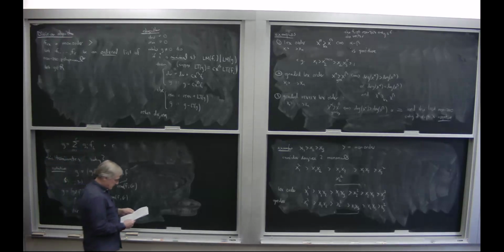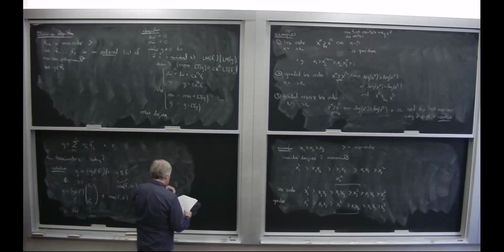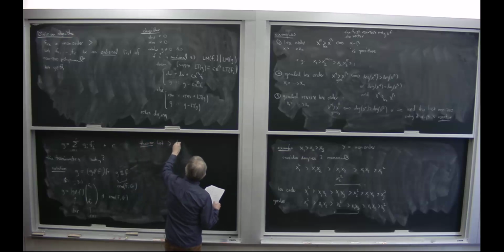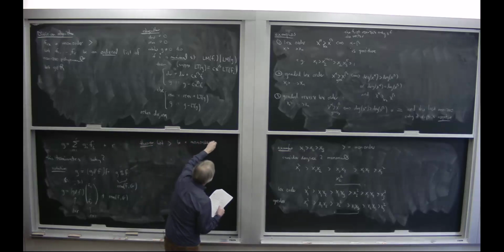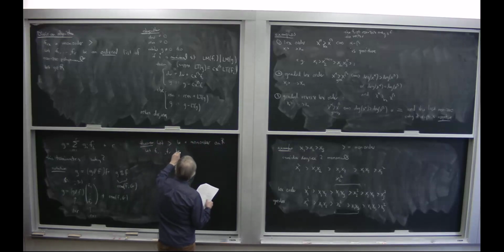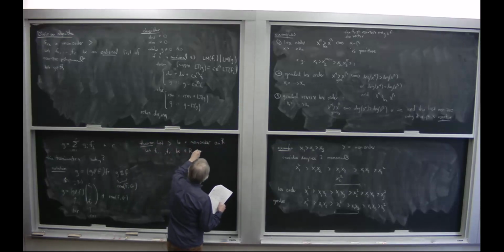Let's see. So let's not do the simple example. Let me just state the theorem. So let's let this be a monomial order on R. And let's let F1 to FR be in R, non-zero and ordered.